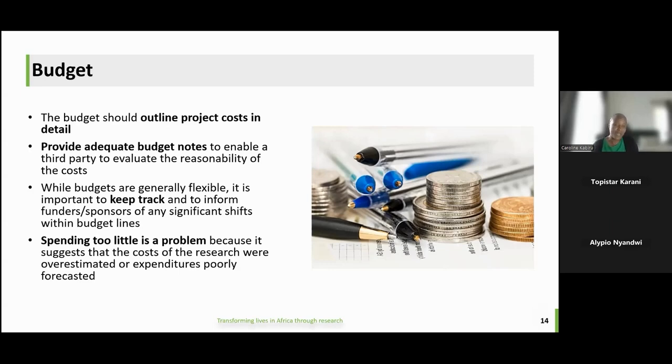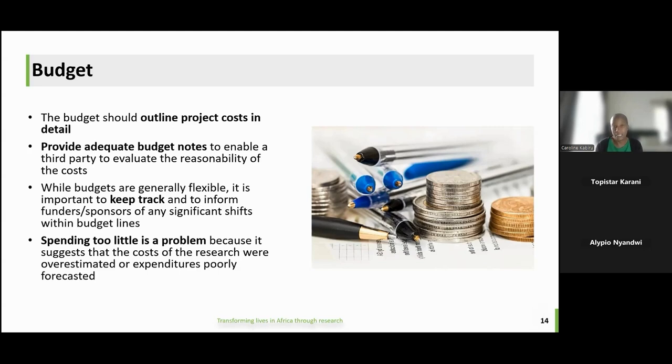Then sometimes we are very frugal and perhaps we spend a lot less than we budgeted for. It can be a good thing that perhaps the exchange rate improved significantly and now you're able to buy more with an equivalent, say, amount of dollars or pounds.